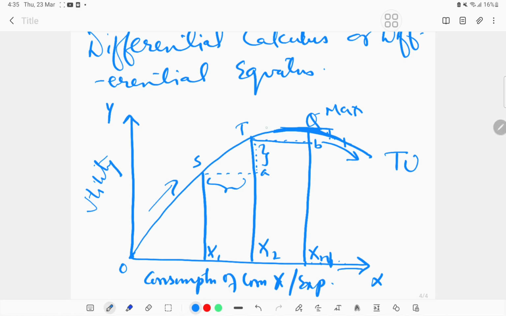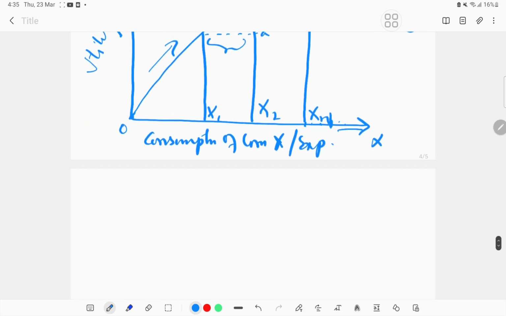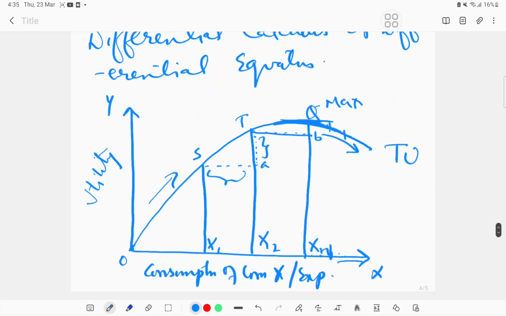So before Q it is better. Now let's suppose the consumer is at x1 and x2.